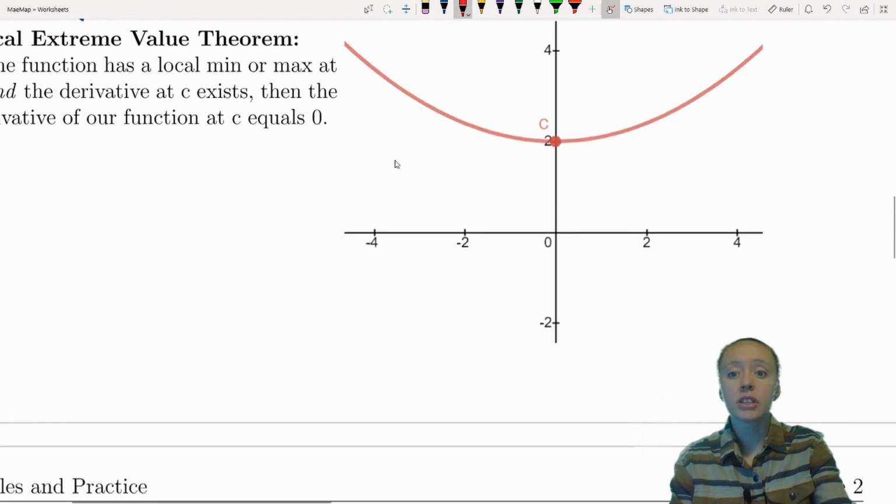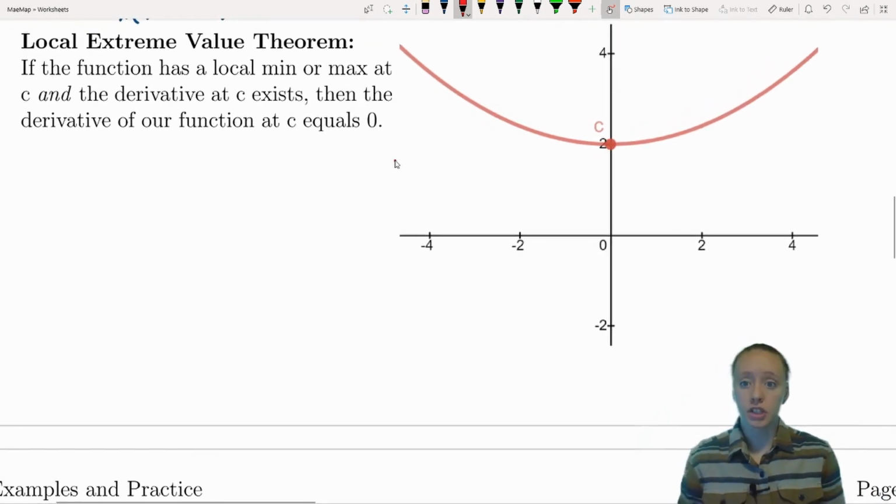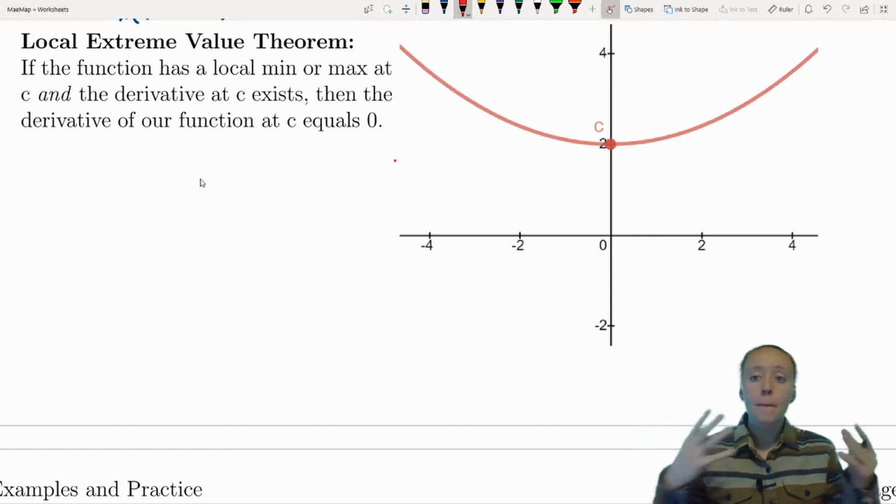Now we have the extreme value theorem, which we'll go over in a little bit, but we also have something called the local extreme value theorem. That says that if the function has a local min or max at c and the derivative at c exists, then the derivative of our function at c equals 0. You can see this graph on the right pictures this.